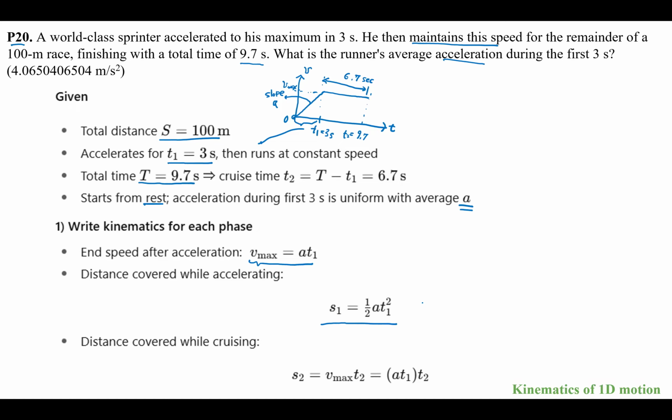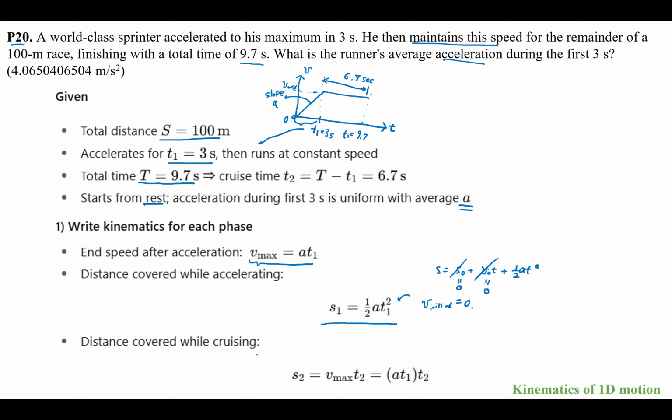Note that initial velocity was 0, so that's the reason we have this one. Initially, we have S0 plus V0 t plus one half A t squared. But we start at the origin, we start at rest, so those terms are gone, and we have this formula.